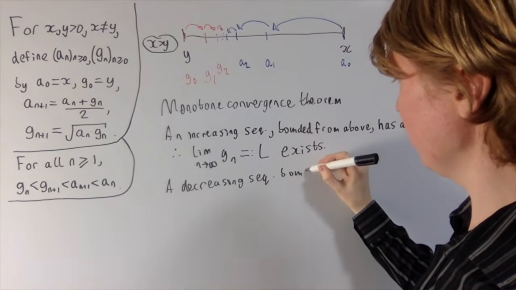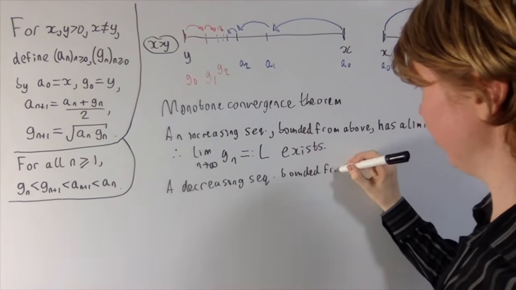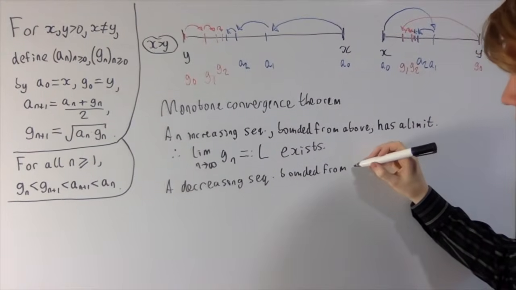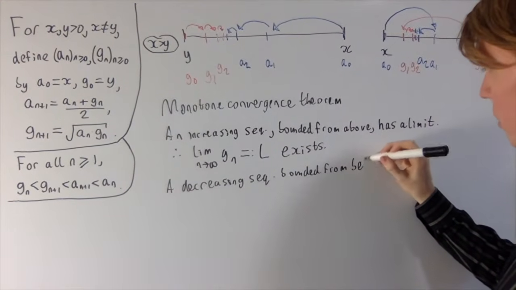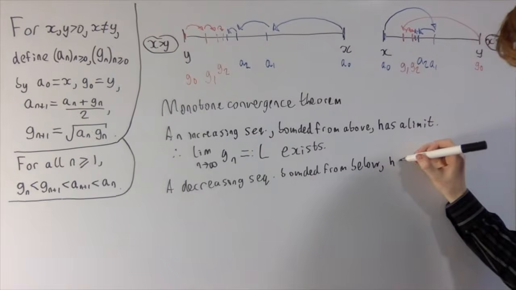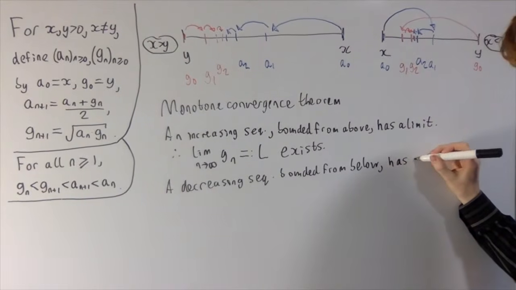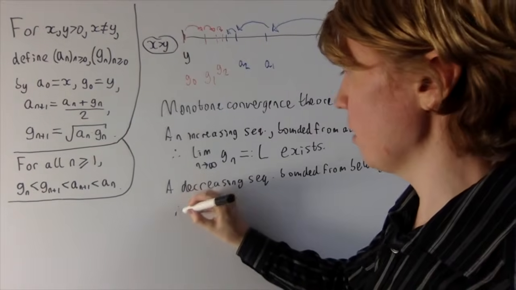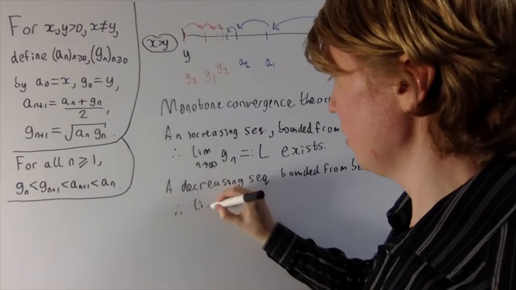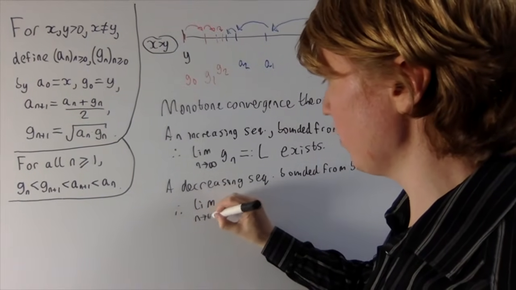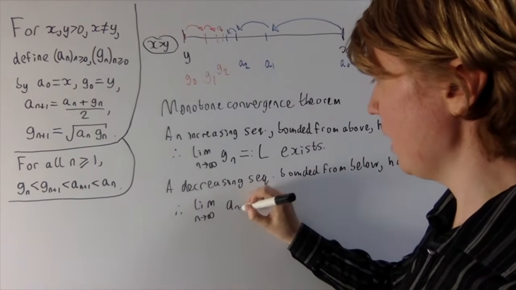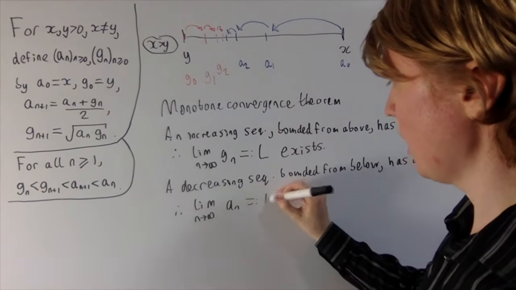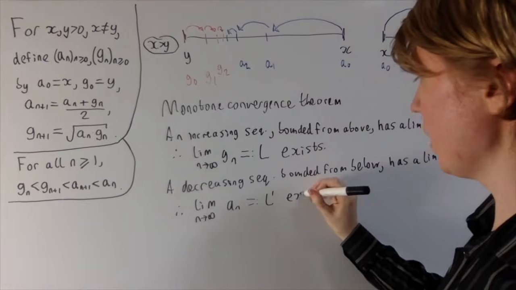So here our An sequence is decreasing, it's bounded from below by the minimum of x and y, and this has a limit. So we can say that, therefore, the limit as n goes to infinity of An, we call this L prime, also exists.